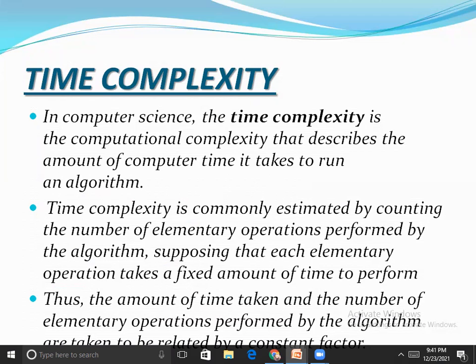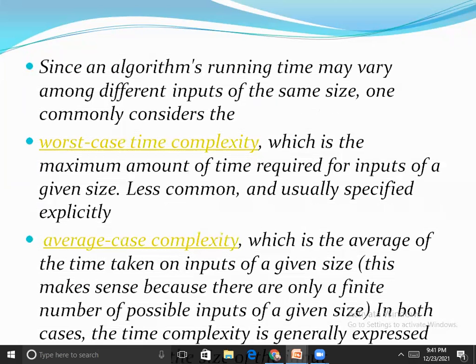Supposing that each elementary operation takes a fixed amount of time to perform, the amount of time taken and the number of elementary operations performed by the algorithm are related by a constant factor.